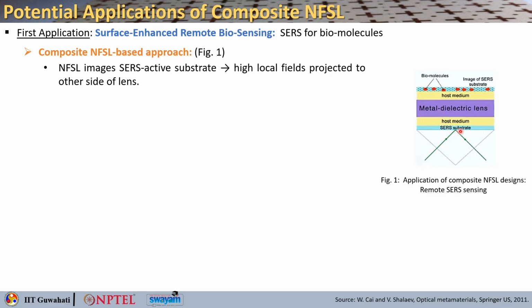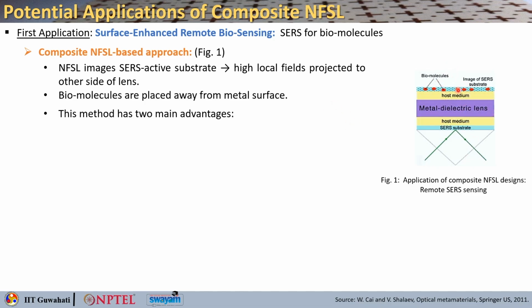So this is where your substrate is. So this superlens basically allows projection of the high local fields onto the other side of the lens, where you can put the biomolecules. Okay. So that is how you can see that the biomolecules are basically placed far away from the metal surface, right.